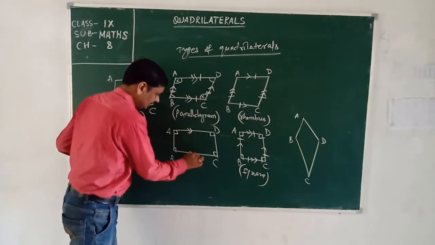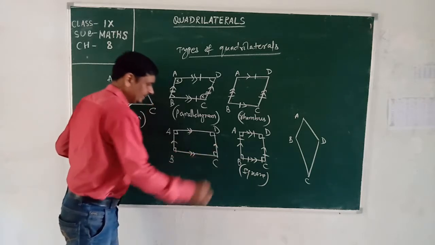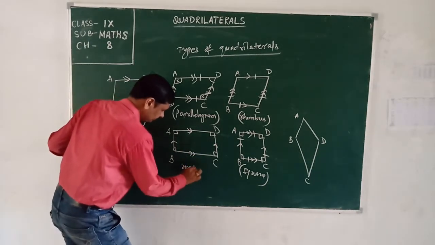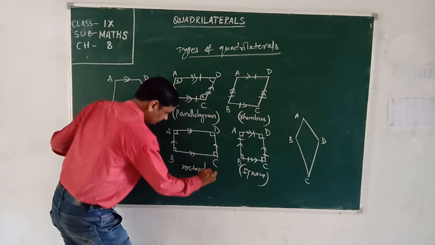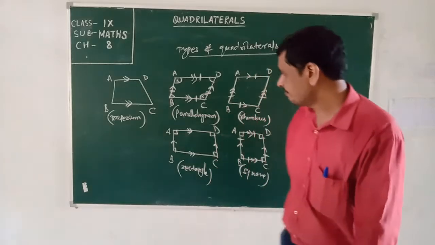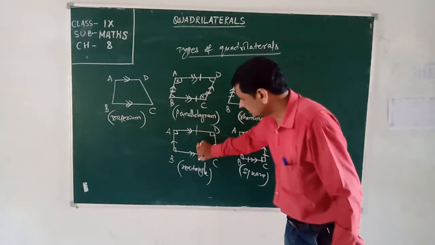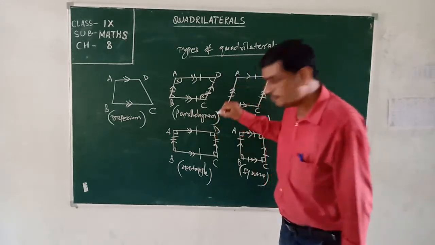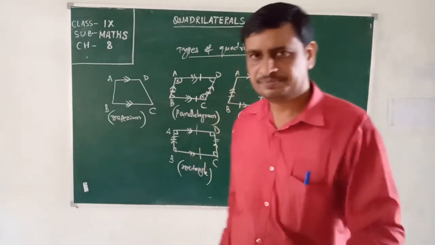These two are parallel and these two are also parallel. It is called rectangle. These opposite sides are equal and these opposite sides are also equal in length.